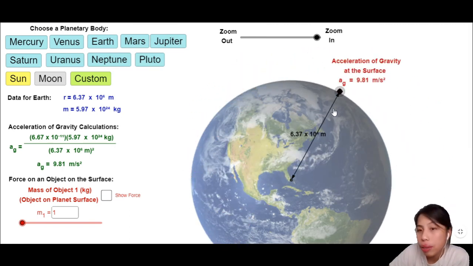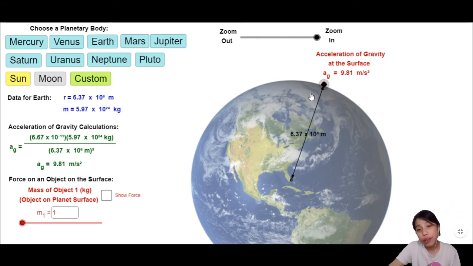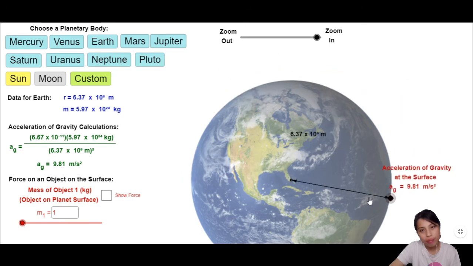Does that ring any bells? Have you heard 9.81 before? Okay, 9.81. So familiar. 9.81 is what in AS we call the constant, because we only stick to near the Earth's surface. So anything you use, GM over R squared or 9.81, is only if you are near the Earth's surface.